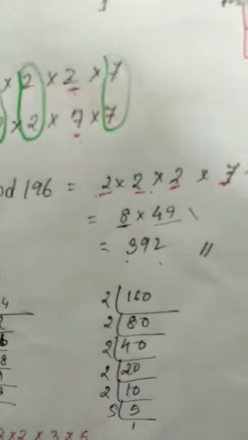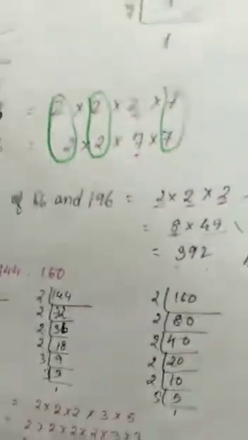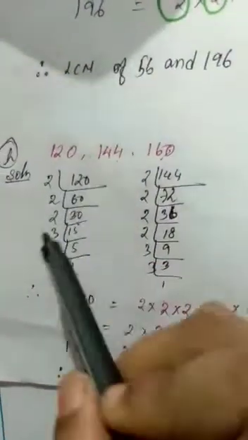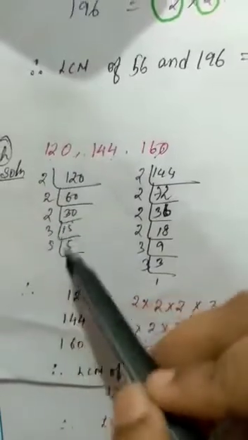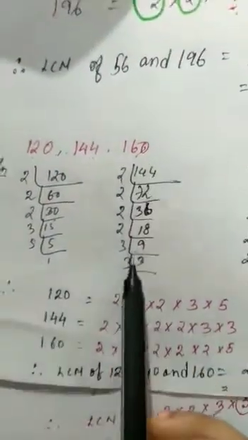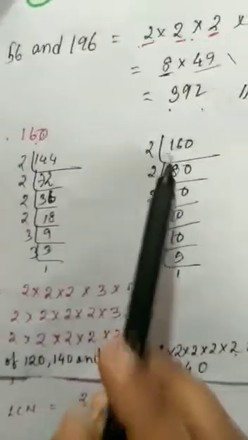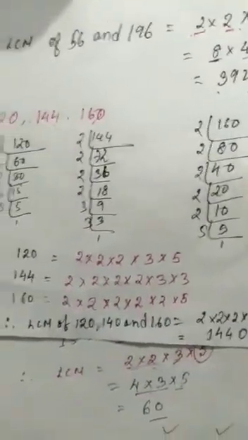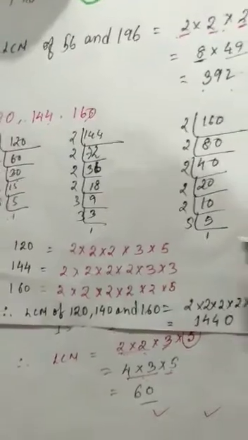Okay children, now we'll do one more thing. Next I have taken these numbers: 120, then 144, 160. These are the numbers. For 120, I have done the prime factorization there. Also 144 I have done. This is 160, you can look, and I think this concept is clear to you now, how to find this by the division method.